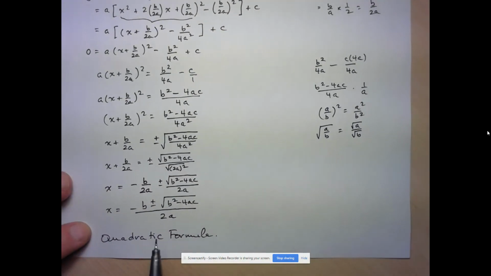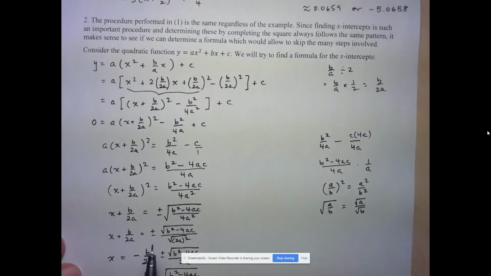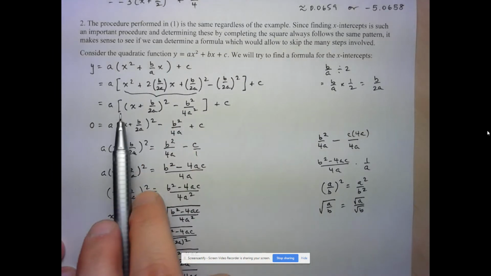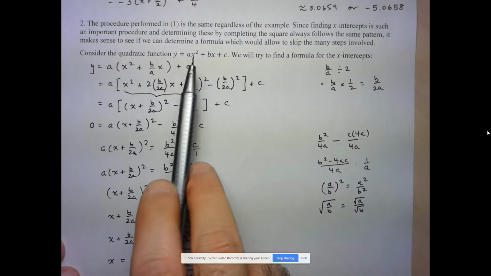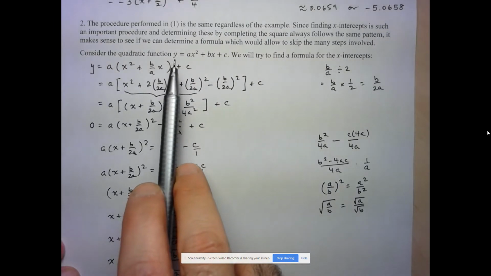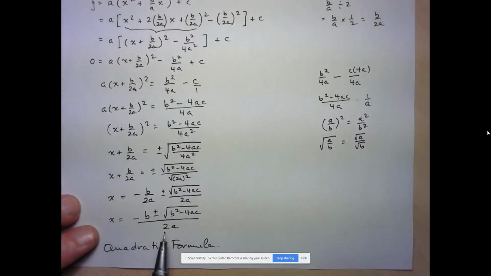This is the formula that helps you get the x-intercepts of a quadratic function. So if I replace y by 0 and I'm having to solve this equation equal to 0, in other words, the x-intercepts, this formula gives me those answers automatically.